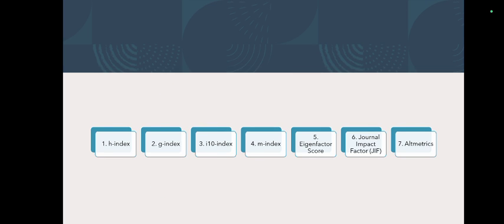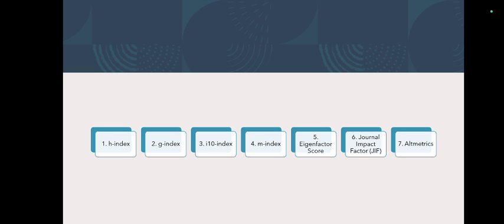In H index, the number of citations that each paper has got is the prime factor, important to calculate the H index of any author.